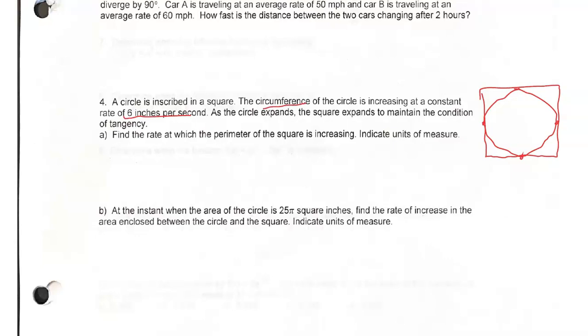So that's our circumference, constant rate 6 inches per second. So that gives us dC over dt, and that is 6 inches per second. As the circle expands, the square is expanding as well. So the circle is getting bigger, but the square is going to expand, so that basically this always looks like that graph there.